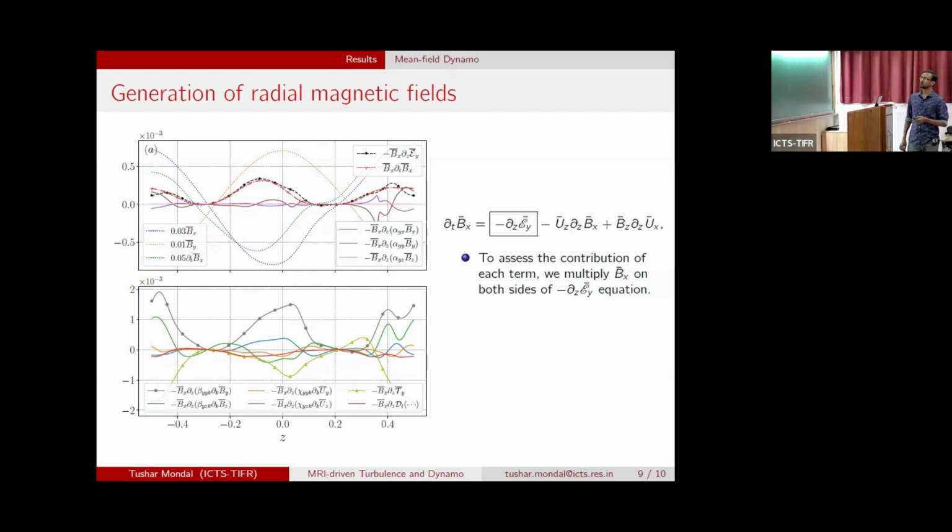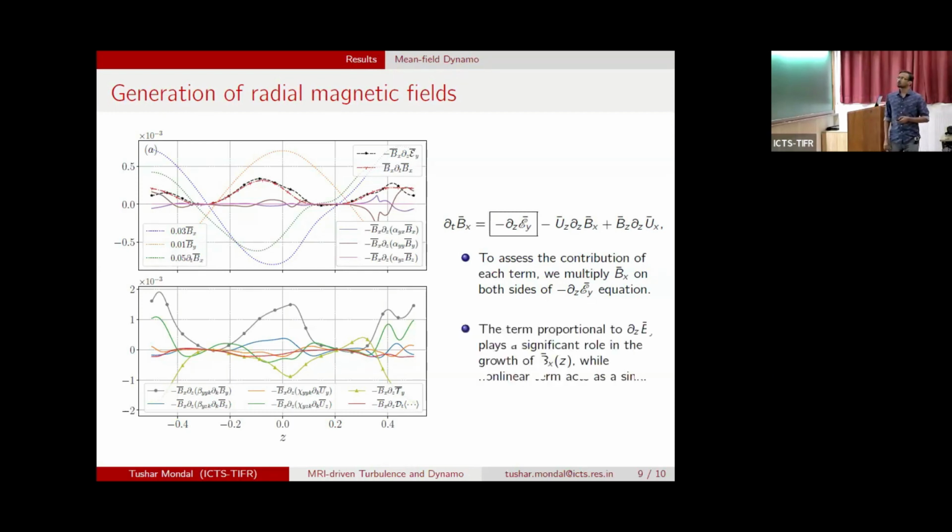The most dominant component is coming from this gray line, which is proportional to delta Z of By. That means some kind of shear current effect is operating, so the gradient of the magnetic field is playing the role. Whereas this nonlinear third order term is playing the role of dissipation, which acts as a sink in the magnetic field. So this explains a more generic phenomenon: when you have differential rotation, it can easily explain this large scale magnetic field generation mechanism, even when there is no alpha effect.